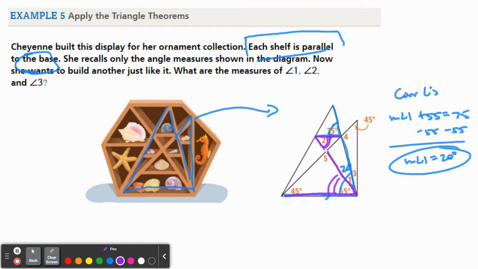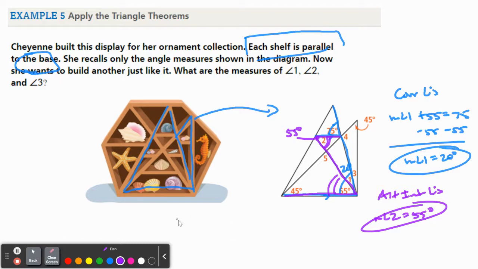See how they're made in the corners of this Z? So because of the alternate interior angles theorem, the measure of angle 2 is 55 degrees. No work necessary. And there's another 55-degree angle.